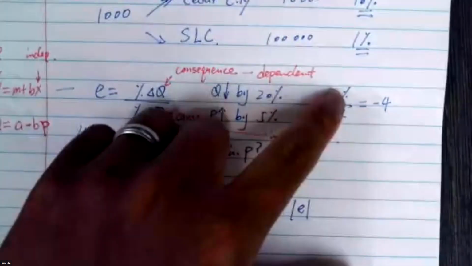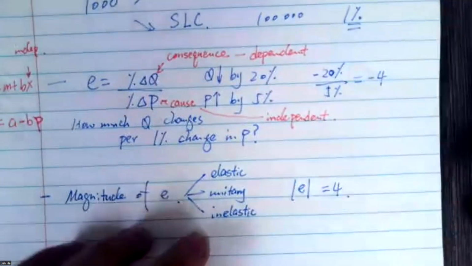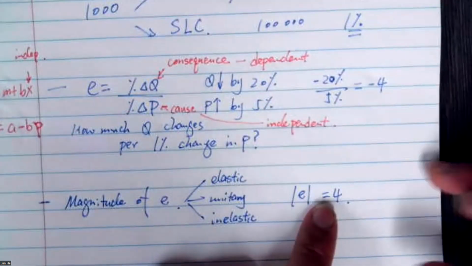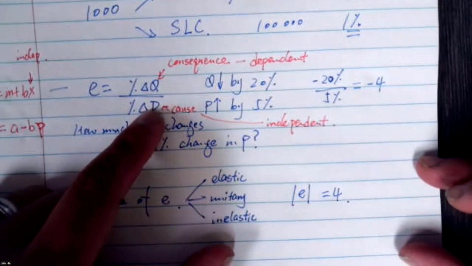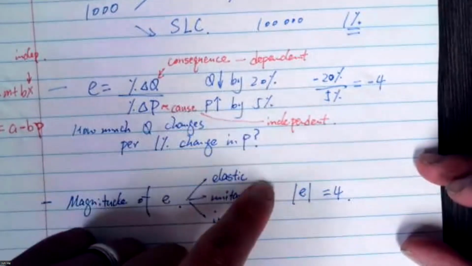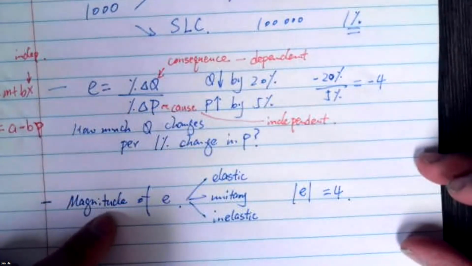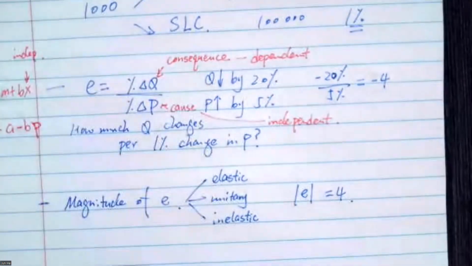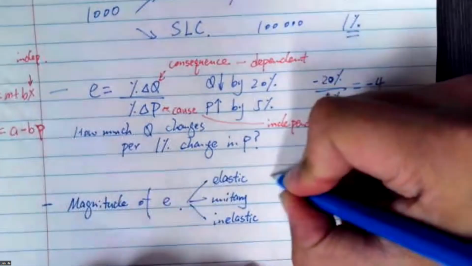So in the case that we discussed above, the absolute value is 4. That tells you as your price changes by 1%, your quantity will change by 4 times that 1%. So the quantity change will be of a greater magnitude than the price change. In that case, this consumer is elastic.